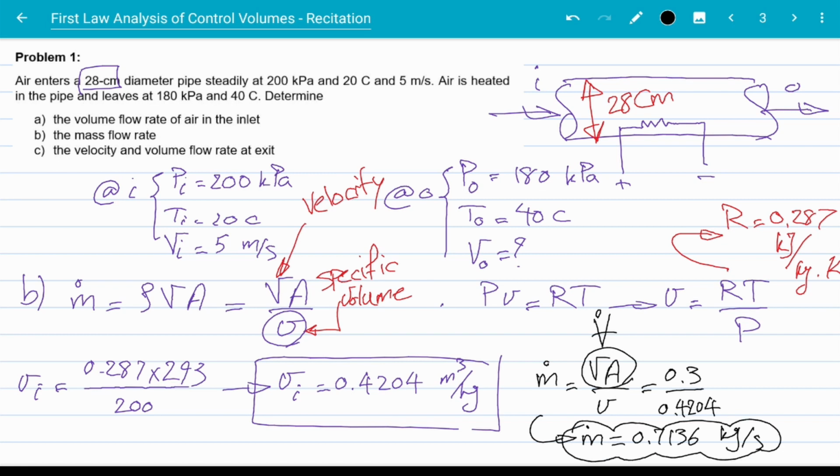So basically, in order to find the density or specific volume of the gas, we use the ideal gas equation and then plug the numbers into the equation for mass flow rate.